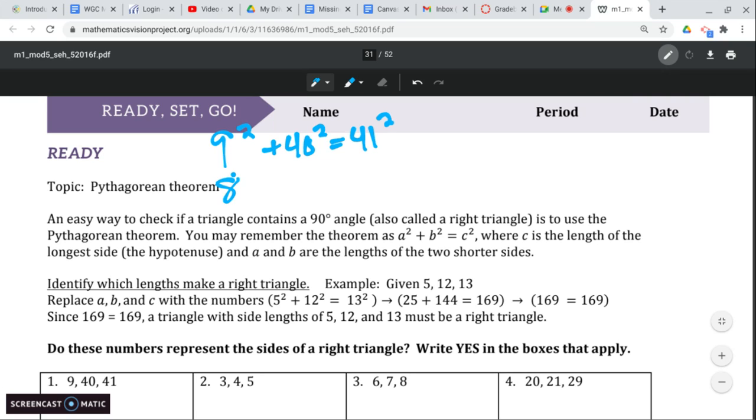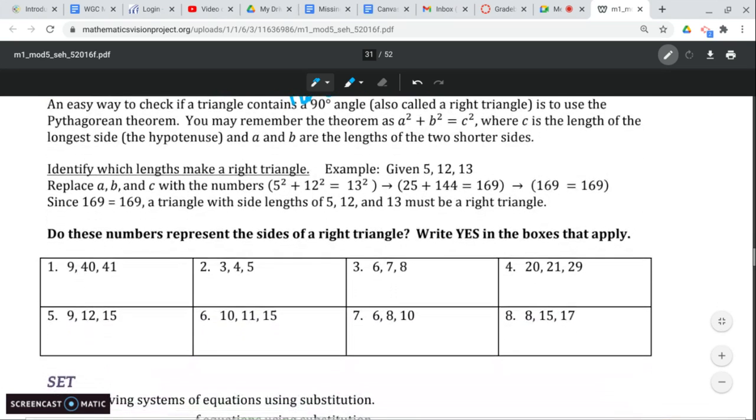So 9 squared is 81 plus 40 squared is 1600 equals 41 squared, which is 1681. We add the 81 and the 1600, we get 1681 equals 1681. So are they equal? Is it a right triangle? Yes, it is.